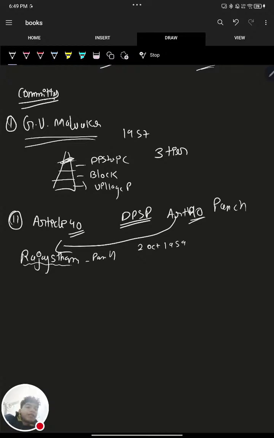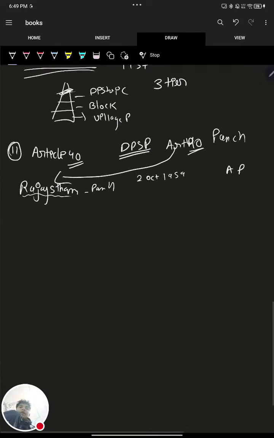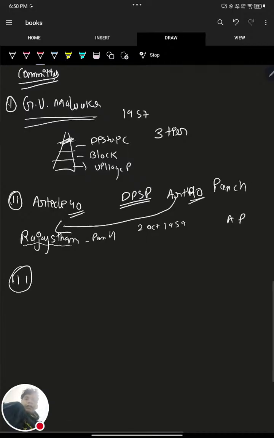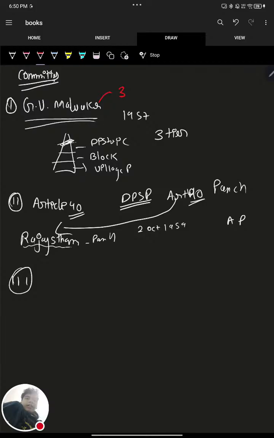And the second was Andhra Pradesh, with Amaravati as the capital. So this type of question is asked. So the GV Malvekar committee is the three-tier committee.